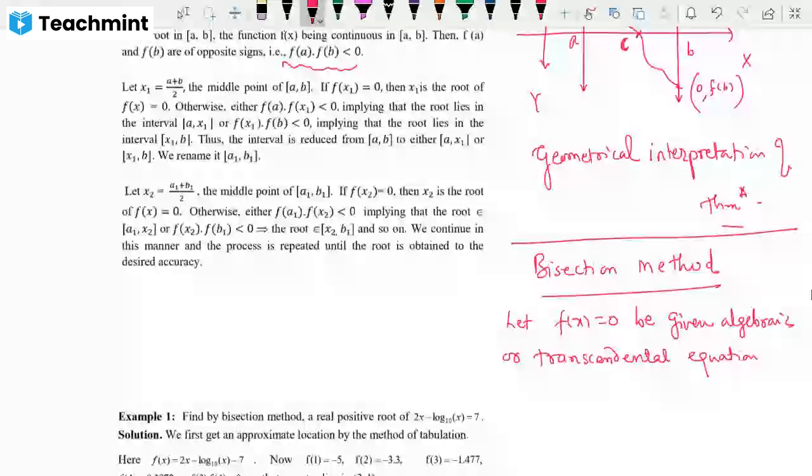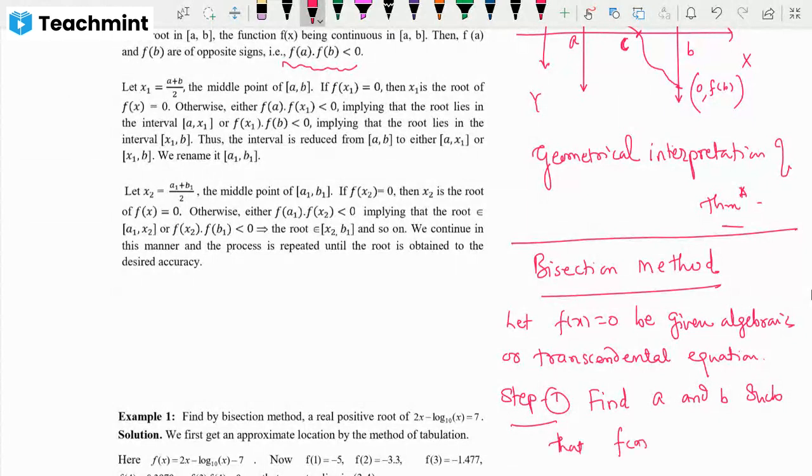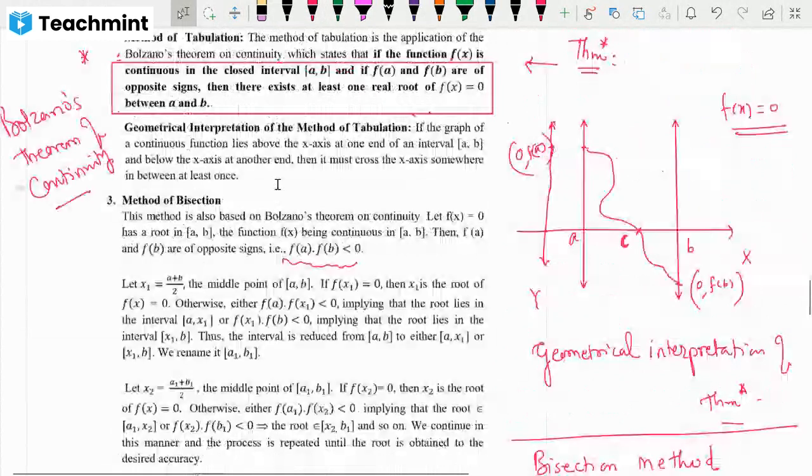What is step 1? Find such a and b such that f(a) and f(b) have opposite signs, meaning f(a) times f(b) is strictly less than 0. That is our step 1.